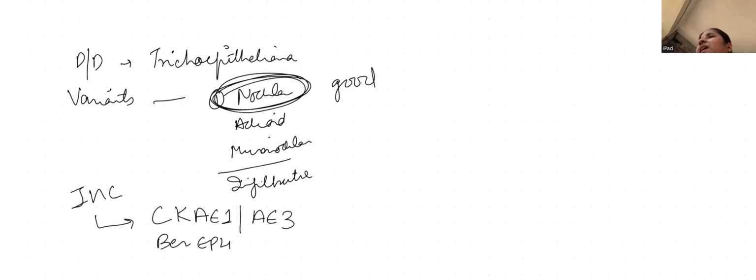So BCC, if diagnosed early, can be locally resected and has a good prognosis. The worst prognosis among the skin cancers is of the malignant melanoma, but BCC is one of the cancers which can be cured. So the type of surgery we do in BCC is named Mohs micrographic surgery.